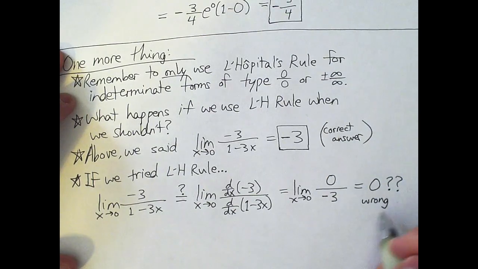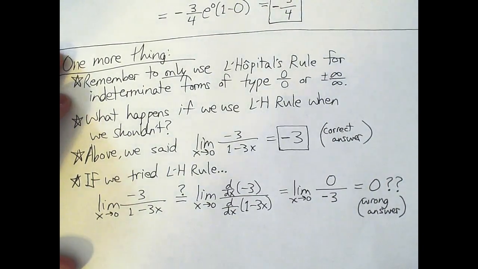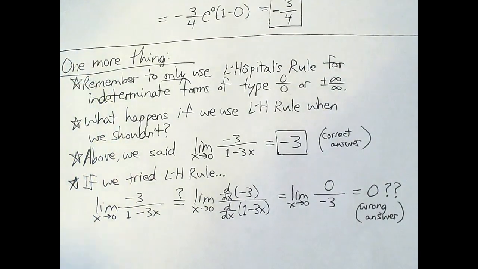This is the wrong answer. So the point of all this is to warn you, only use L'Hopital's rule when it's an indeterminate form. If you just use L'Hopital's rule on everything, you might accidentally do something like this.